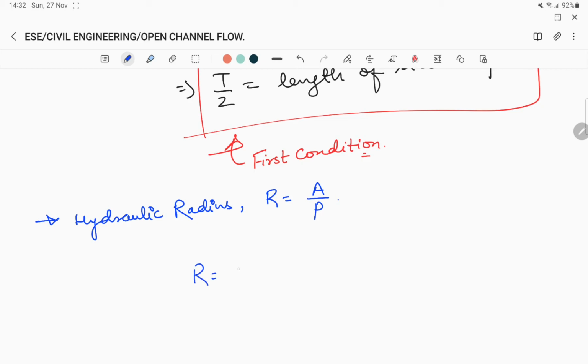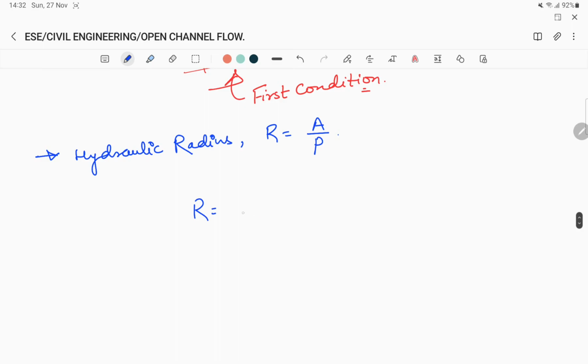Now put all the values. Area is given earlier, (B plus my) into y, divided by wetted perimeter, which is B plus 2 times y under root m square plus 1.